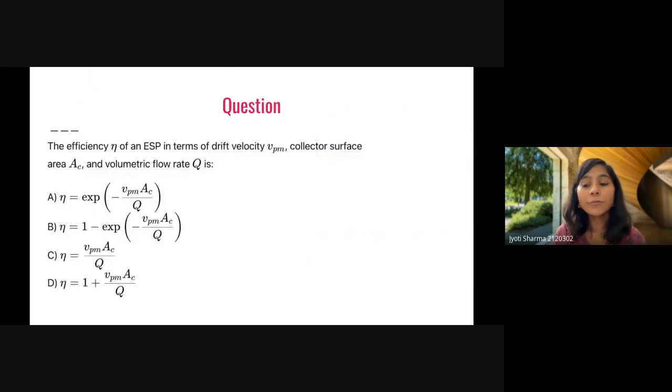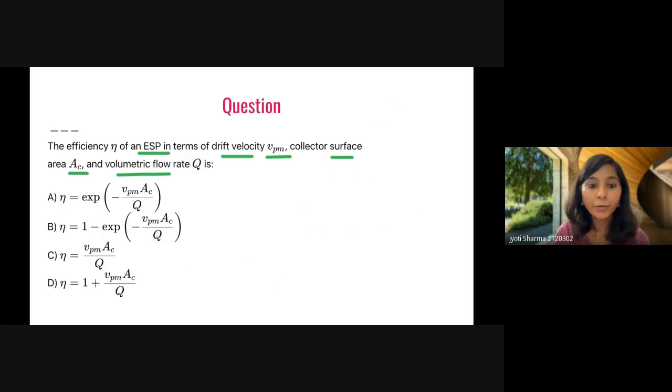Okay, so if we want to calculate the efficiency of ESP, electrostatic precipitator, in terms of drift velocity. Because here the gas will come in and out, there is a velocity that is known as the drift velocity, and we have the collection area AC, that we already talked about, and the volumetric flow rate, the rate at which air is coming in and out.